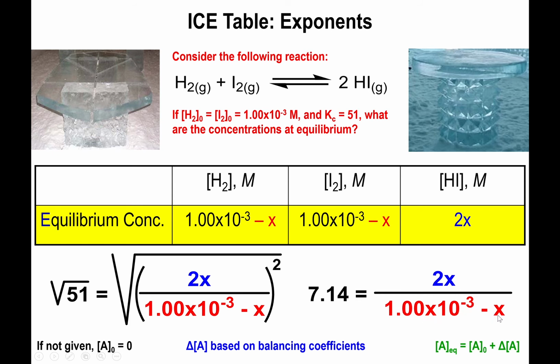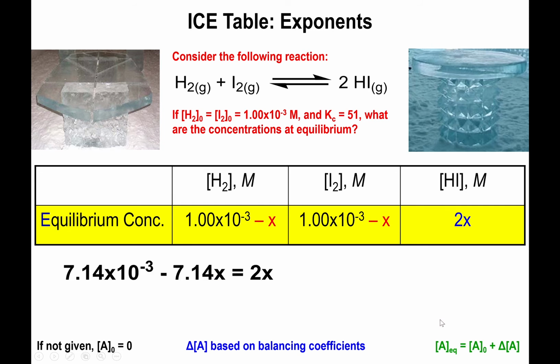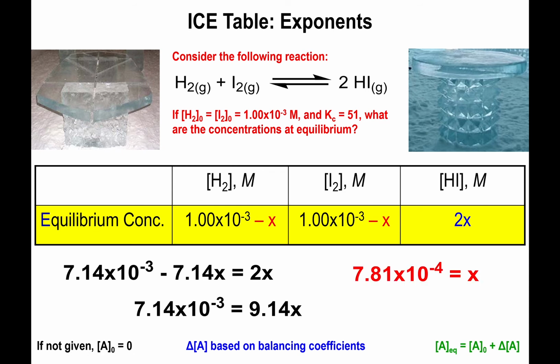Now you multiply both sides by 1 times 10 to the negative 3 minus x to yield the following expression: 7.14 times 10 to the negative 3 minus 7.14 times x equals 2x. Add 7.14x to both sides, and you have 7.14 times 10 to the negative 3 equals 9.14x, which tells you that you have to divide both sides by 9.14 to find the value of x.